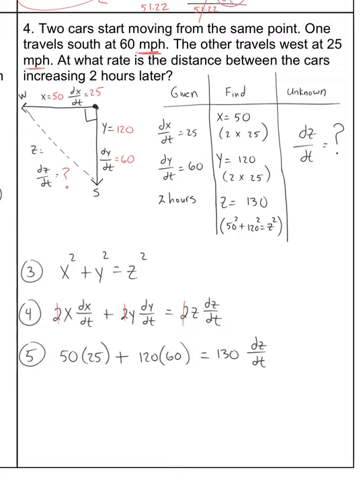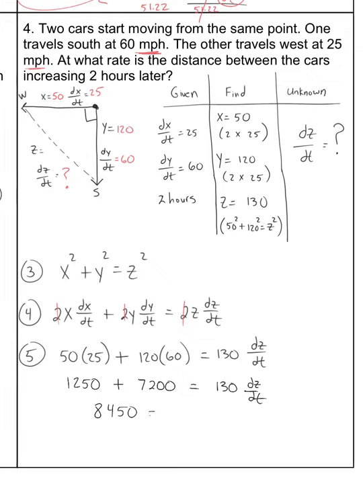50 times 25 gives us 1,250. 120 times 60 gives us 7,200. We bring along 130 dz/dt. When I add those, I get 8,450.